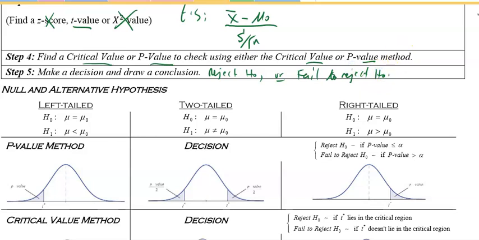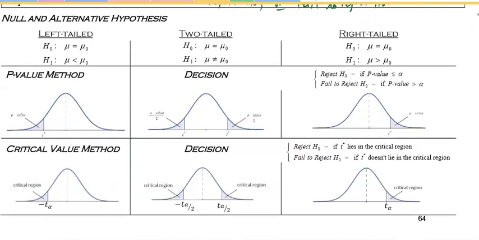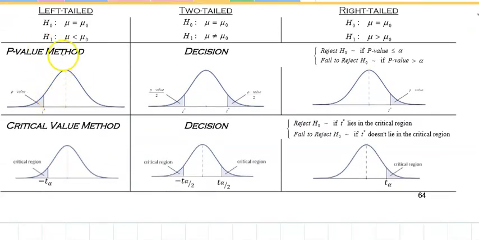You have to really identify where the claim is so you know how that works. If I'm doing a single-sided test, I figure out the probability, the area to the left of the test statistic, that's the p-value. If it's less than 5%, I reject the null hypothesis. If it's more than 5%, I fail to reject.